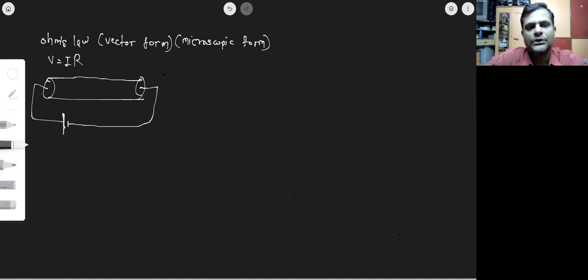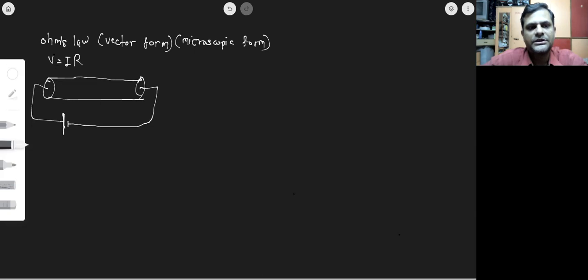But that is not true in case of current electricity. When the charges are in motion, there is an electric intensity even in the interior also. So inside this conductor there is also an electric field, and that electric field is what actually makes the electrons move. Electrons just move because of that electric field.